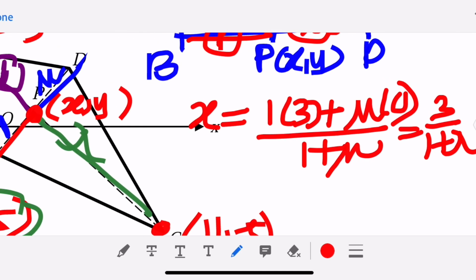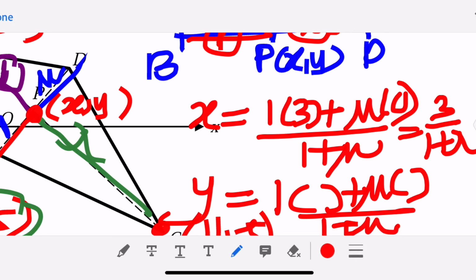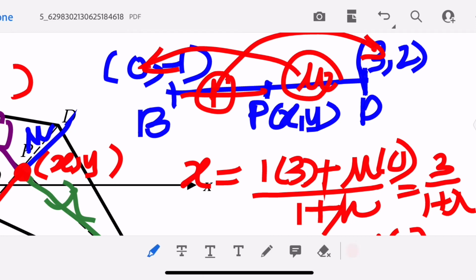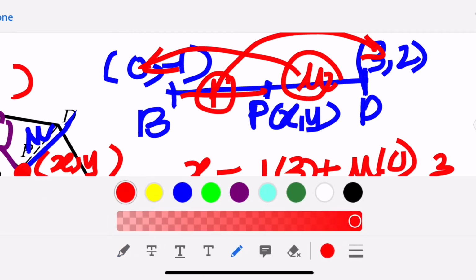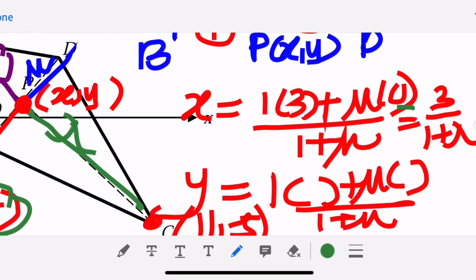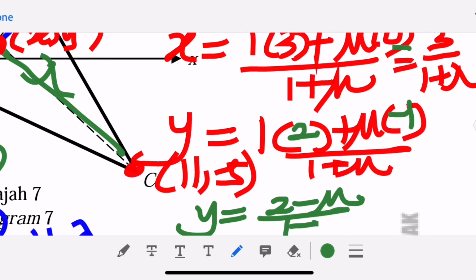For y we do the same. Beside the 3 is 2, and beside the 0 is negative 1. So the y is 2 minus mu over 1 plus mu.